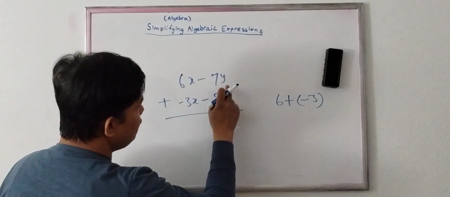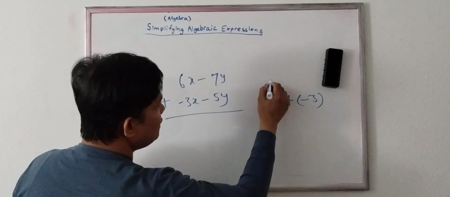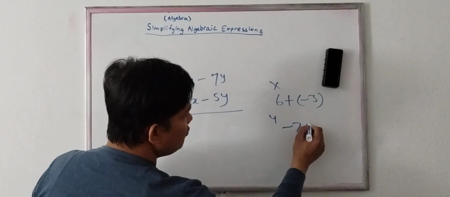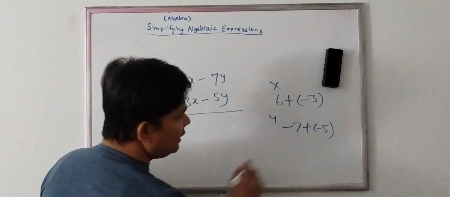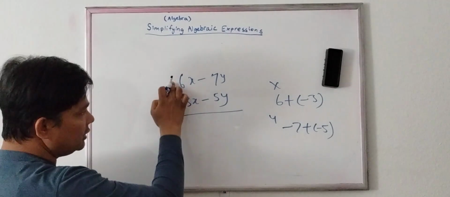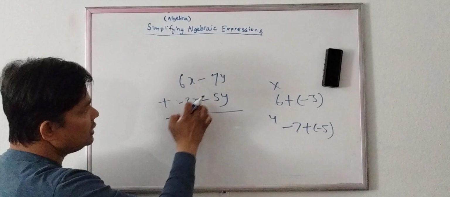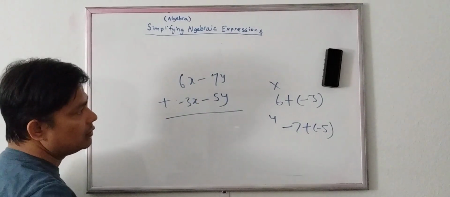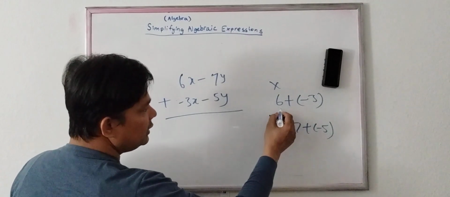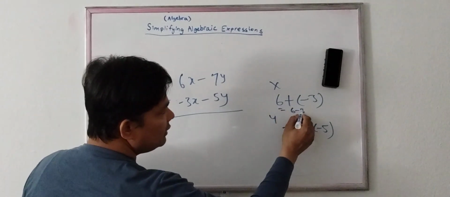And here, this is for x, and for y, what is there? Minus 7 plus minus 5, correct? So basically you have to apply the sum to the constants, okay? These two constants and these two constants, and then find the value. 6 plus minus 3, you can write as 6 minus 3, correct?